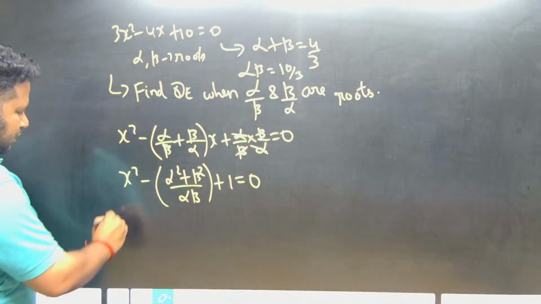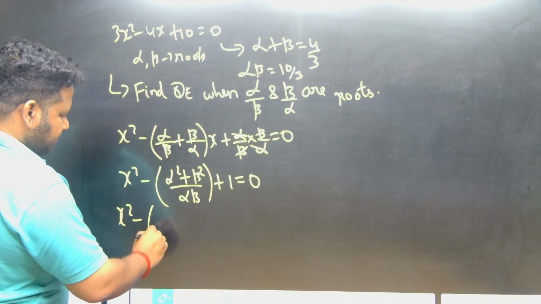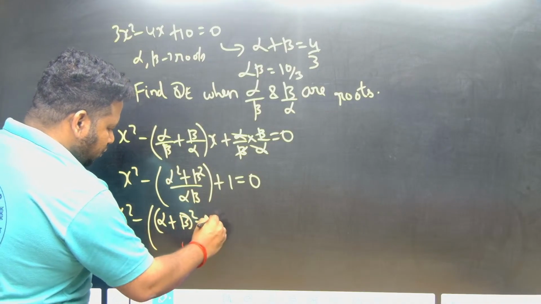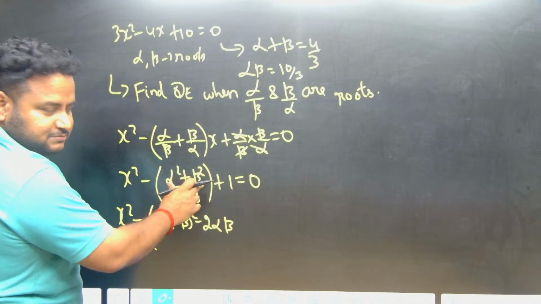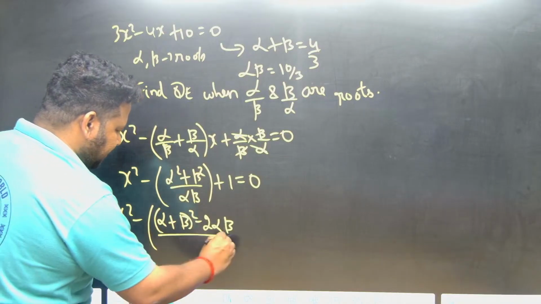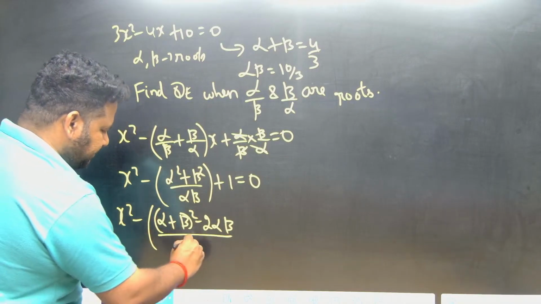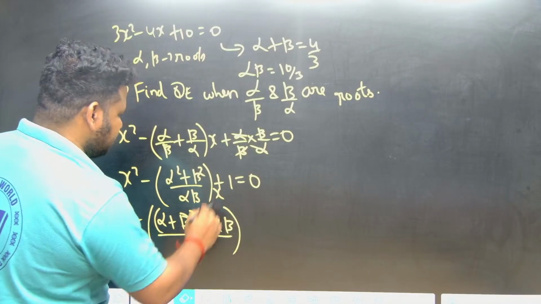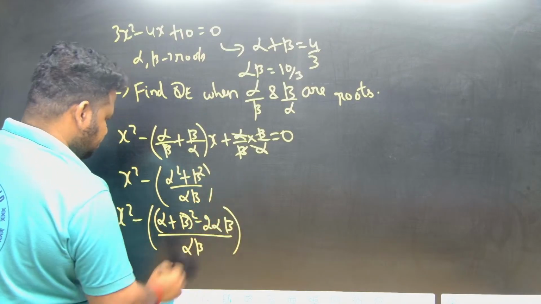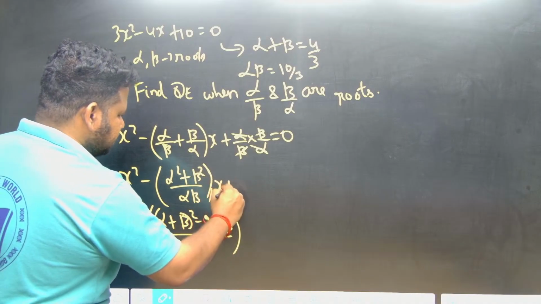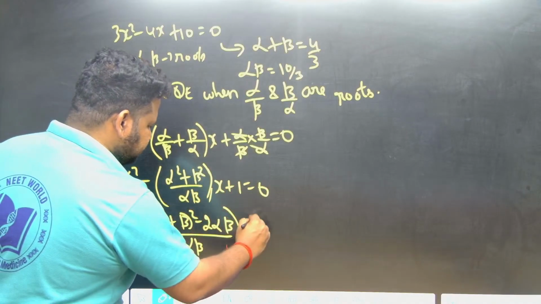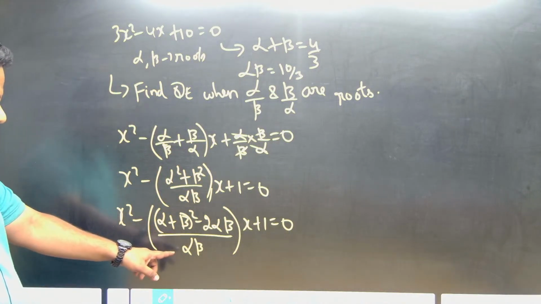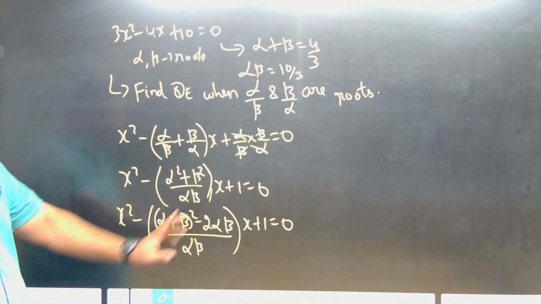Now this will become x square minus alpha plus beta whole square minus 2 alpha beta. If I want alpha square plus beta square, this is the formula I am applying, divided by alpha beta, and this entire thing comes with x, plus 1 is equal to 0.